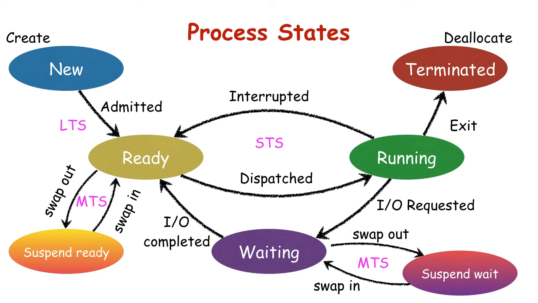So to understand this process better, let's take an example of an ATM system. So in an ATM system, assume the ATM is a processor, and the people who would be using the ATM are processes.